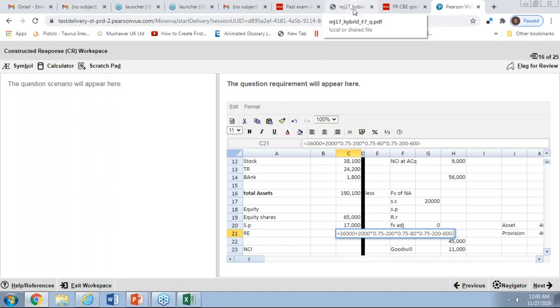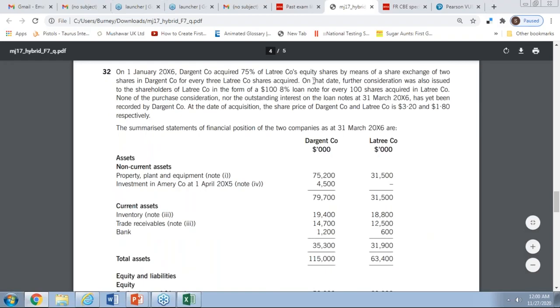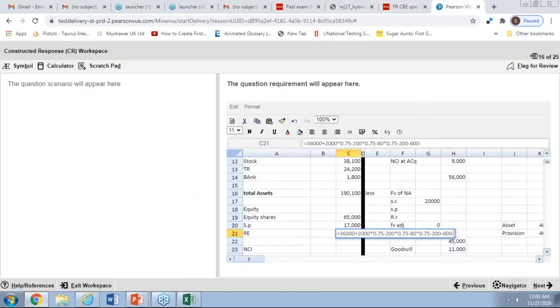Minus interest on the loan, which will be 15,000 into 8% into 3 upon 12. Can someone do the calculation? 15,000 into 8% into 3 by 12, 300. Thank you so much.